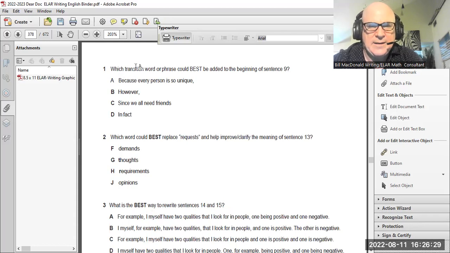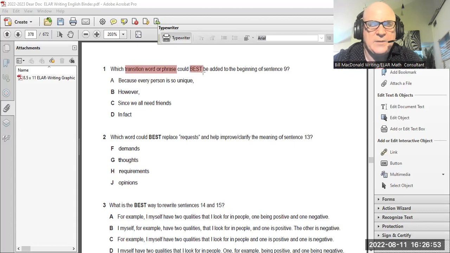So what are we going to highlight? Remember, we're skipping around so that we can find something that allows us to say, oh, transition word or phrase. That means that we're leaving one idea and going to another one.